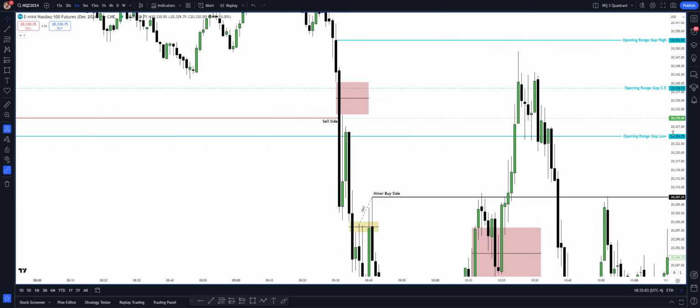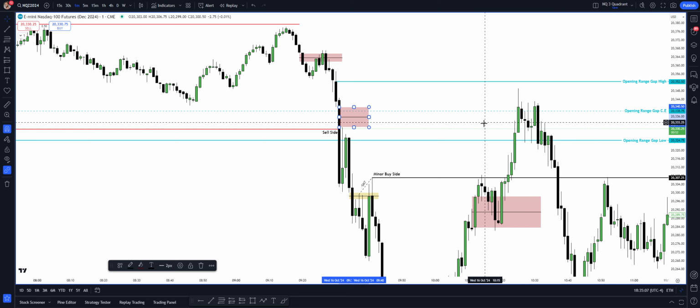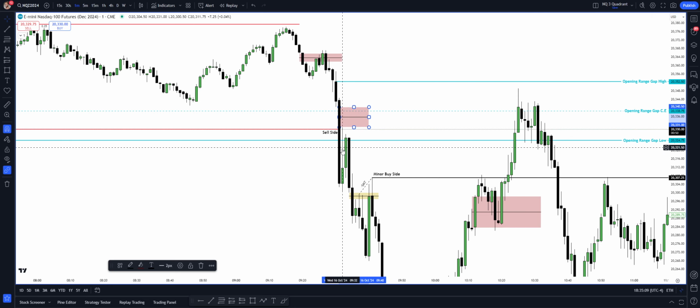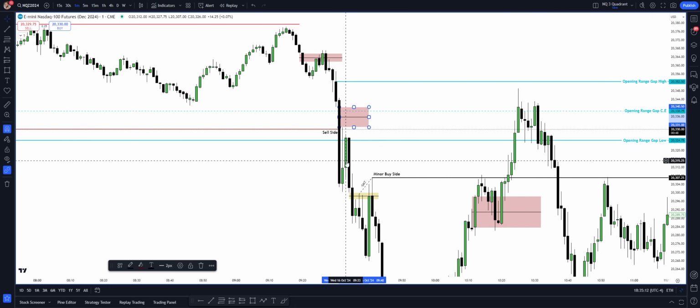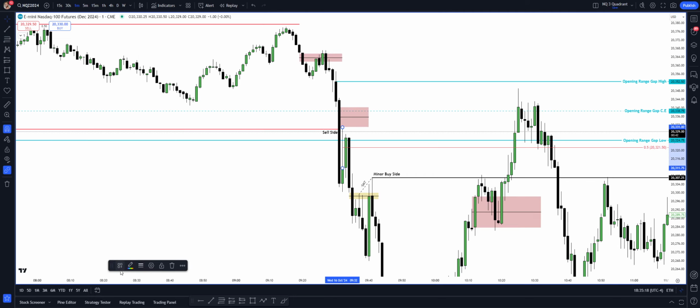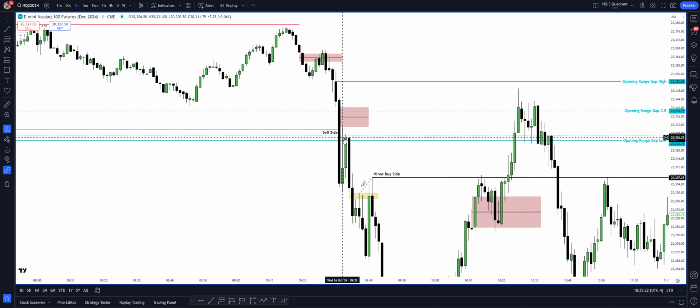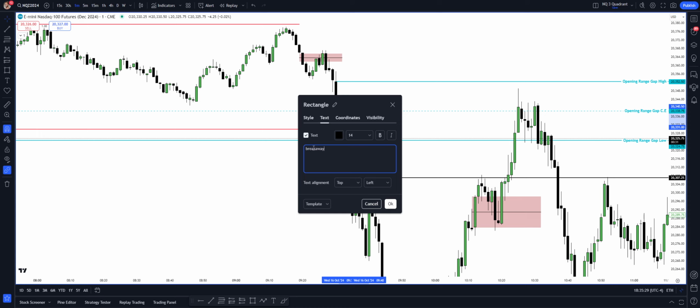Okay, so it formed this SIBI inside the open range gap CE. It tried to retest that, failed at the 75% of this wick right here, right there, 75% of that wick, which indicates this candle failure is going to cause a breakaway gap here, which is what happened initially.